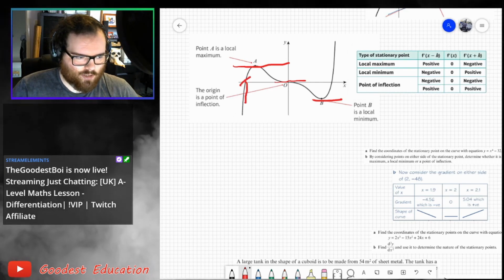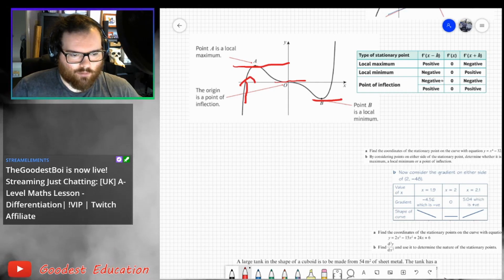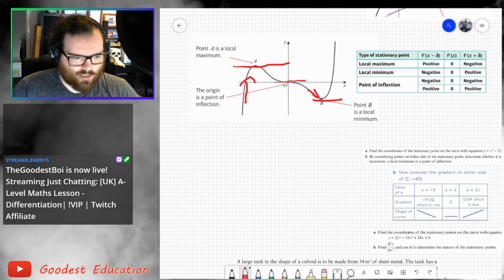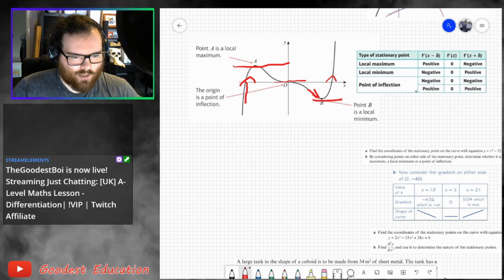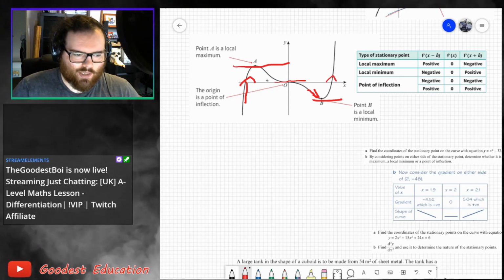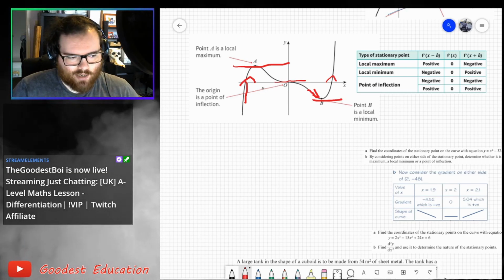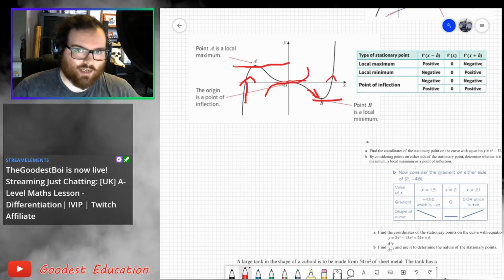So the gradient is positive, it goes to 0, and then it goes negative. For a local minimum, it starts off decreasing, starts off negative, hits 0, and then starts to increase again. And then this point of inflection, you can either have it when the gradient decreases, hits 0, and then decreases again, or equally you can have it the other way, so it increases, hits 0, and starts increasing again.